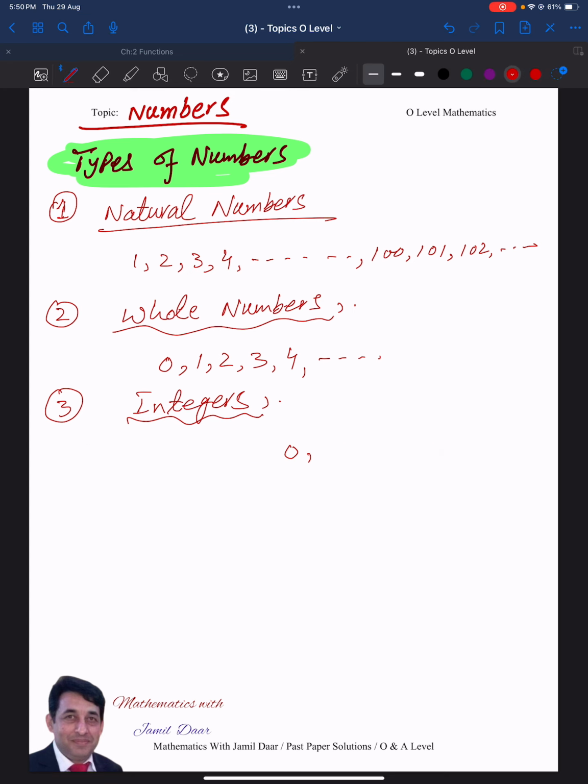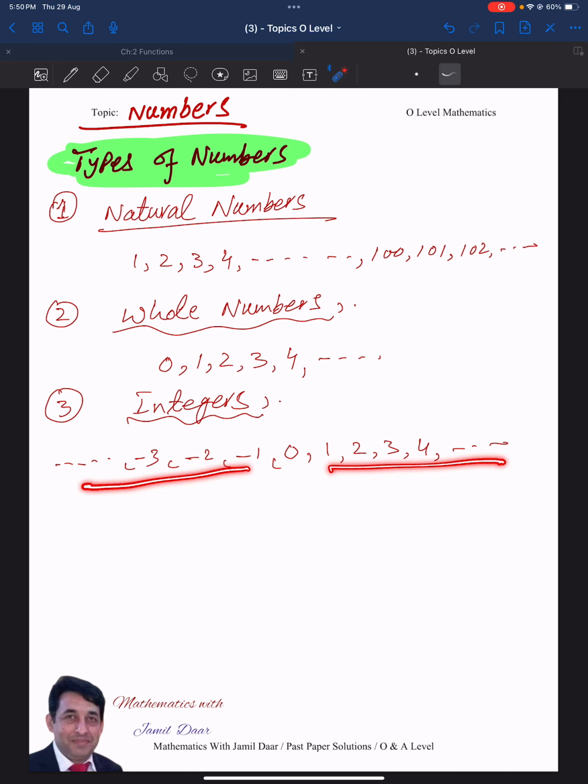So this would be 0, 1, 2, 3, 4, and so on. The same way, -1, -2, -3, and so on. Positive natural numbers and negative natural numbers along with 0 are called integers.